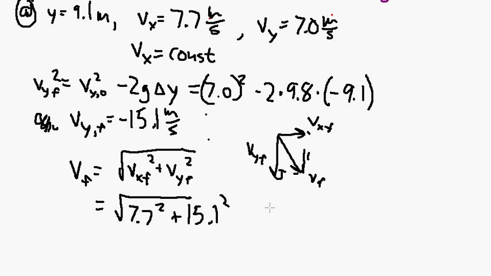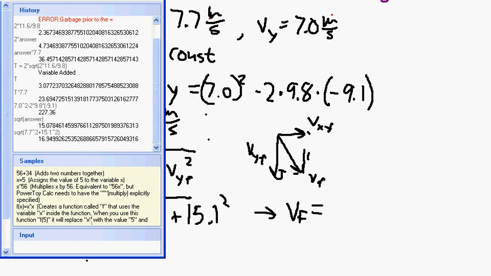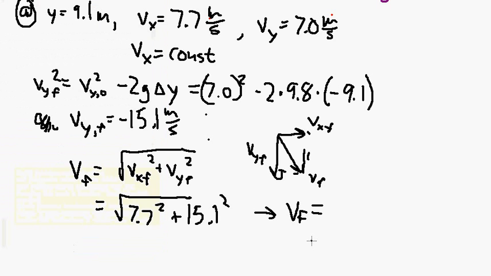So that means that V final will equal, let's see, square root of 7.7 squared plus 15.1 squared, and what did I do wrong? Oh, I did just fine. So 16.95. But really it's around 16.9. So Vf is 16.9 meters per second.